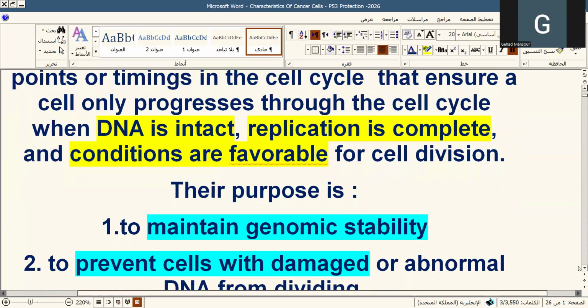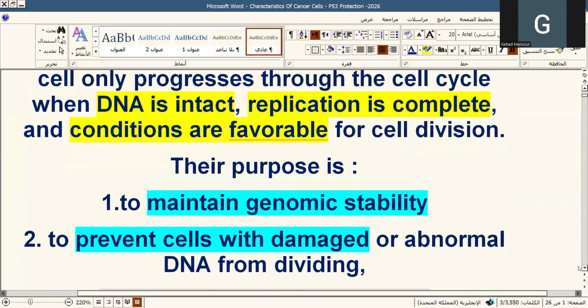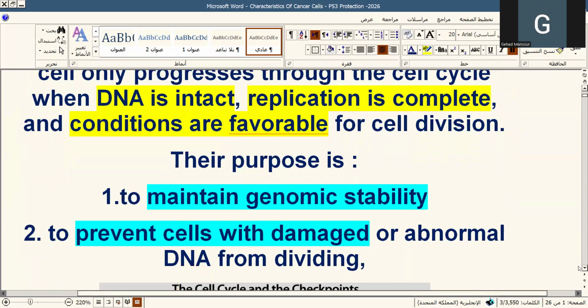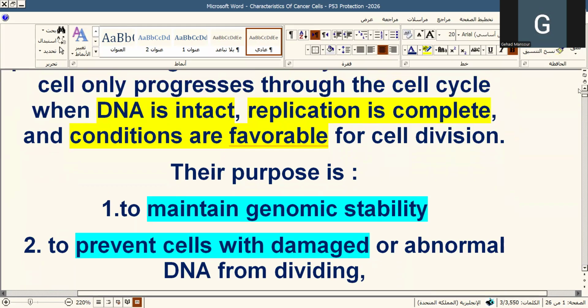And the aim of the checkpoints, as I've just explained, is to make sure that only those cells that have intact DNA, and in which the replication of DNA has been done not only accurately but also completely, meaning that all the chromosomes have been accurately replicated, can proceed.